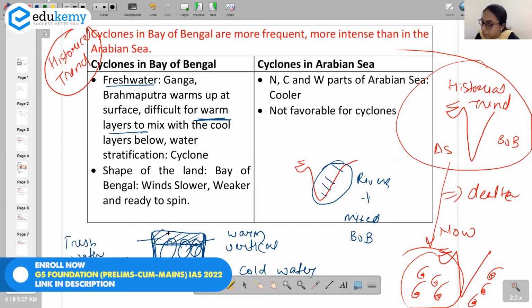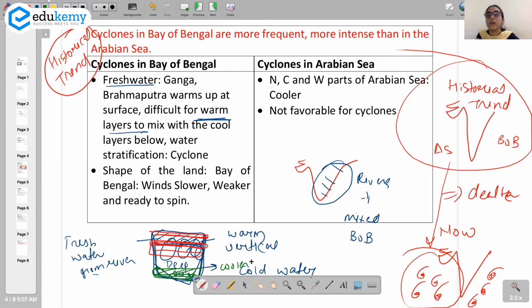Different layers, or strata, are formed with the warm layer above and the cooler layer below. Because it is not mixed properly, it is more warm. This becomes a very good area for the formation of cyclones. So this is one of the reasons that in the Bay of Bengal there were more cyclones, because the water was not mixing.